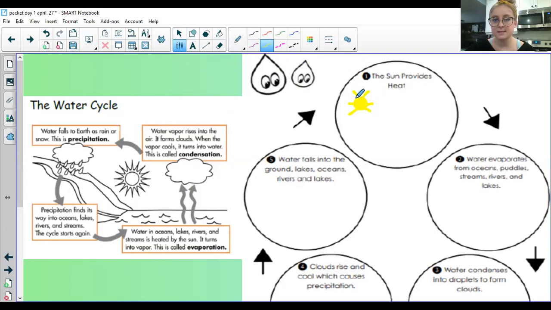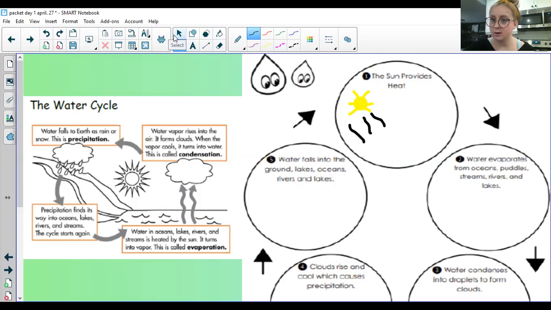Okay. There's my sun, and I'm gonna draw, I don't know if you've ever seen like this. Sun provides heat. I'm trying to make them squiggly. Not beautiful, so sorry. So, like this, like it's hot. Okay.